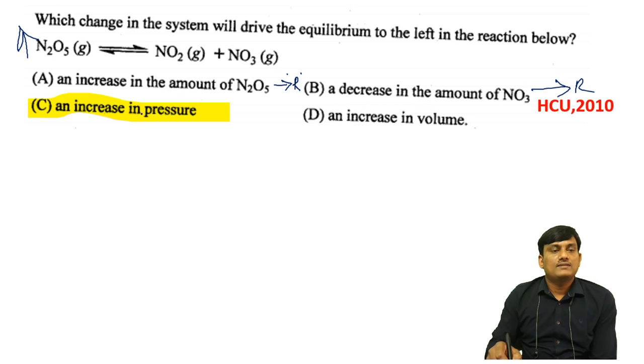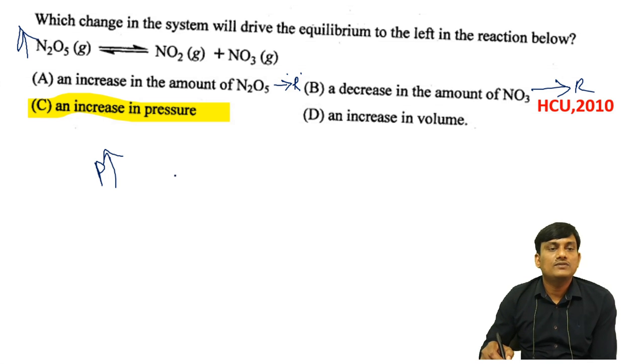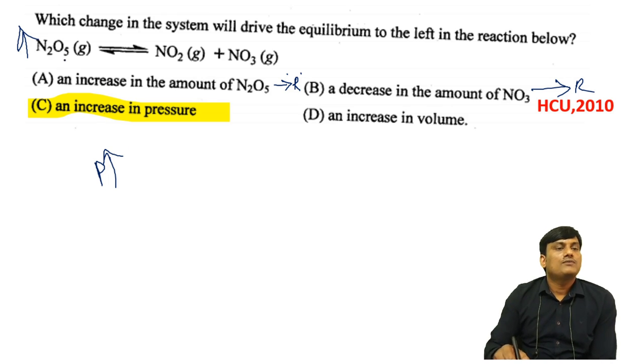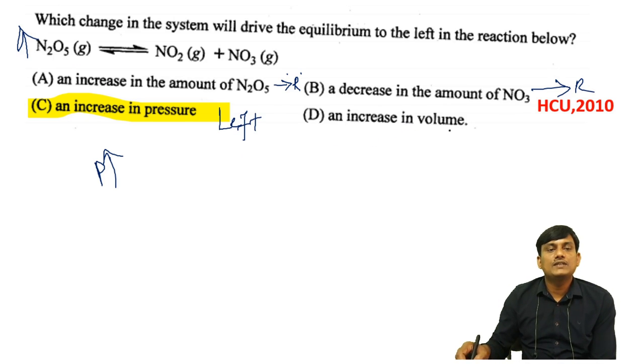An increase in pressure. When you increase pressure, the equilibrium shifts in such a direction that there is a decrease in pressure. Decrease in pressure means the side with fewer gaseous molecules. The left side has fewer gaseous molecules when compared with the right side, so the equilibrium will be shifted towards the left side. Here, left side. An increase in volume.